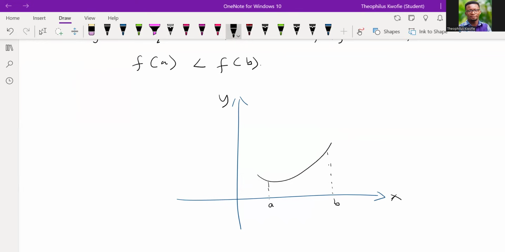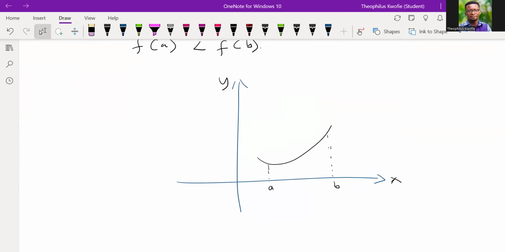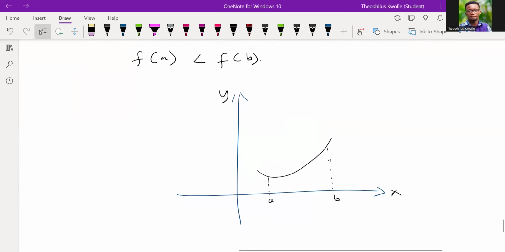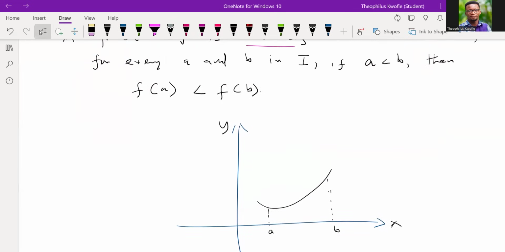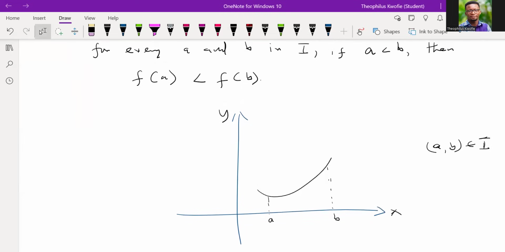Now over here, we can say that a and b are within the interval. Let me make it very simple so you will appreciate what I just did.